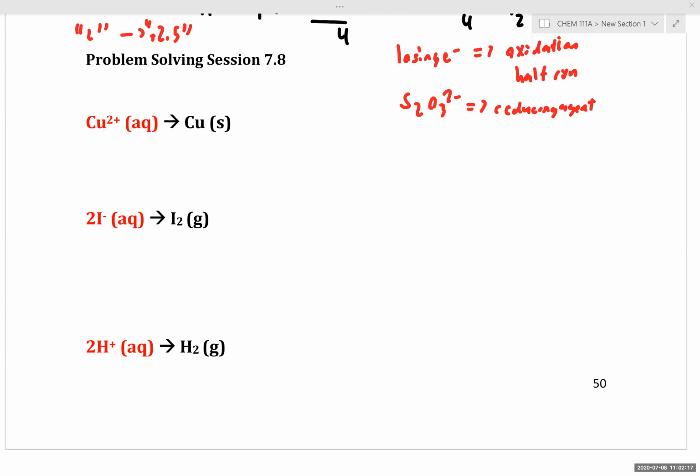We'll discuss this example in another 2 minutes. And for the response I see in the chat, make sure you account for the fact that multiple atoms could be undergoing changes in oxidation number.